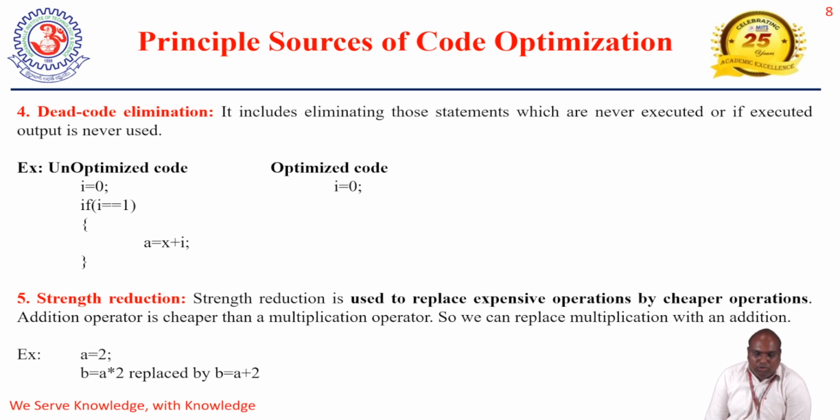Here a equal to 2, b equal to a into 2, what is the output? 4 only. And b equal to a plus 2 is also 4 only. What is the use of using a costly or expensive operator rather than a cheaper operator? It will automatically reduce the compilation time. This is also one of the techniques in compiler design to reduce the compile time.